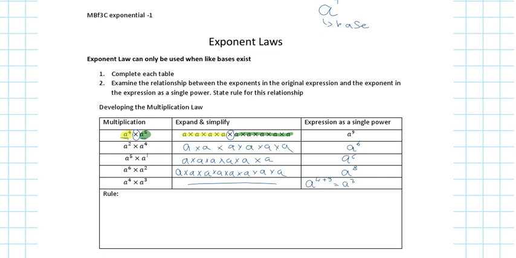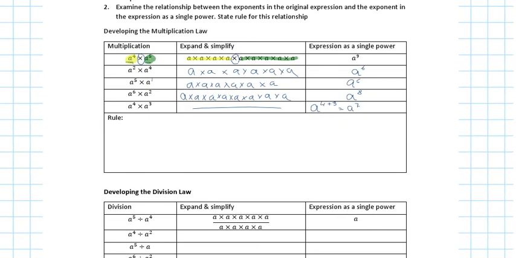So here's the rule with the exponent law. Now, can you do that with different bases? No, it has to be the same base. Okay? So the rule says you're going to keep the like base, and then you're going to add the exponents.